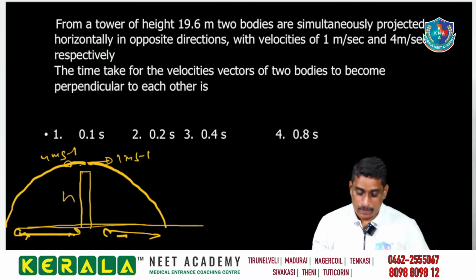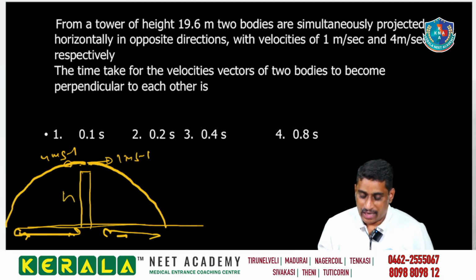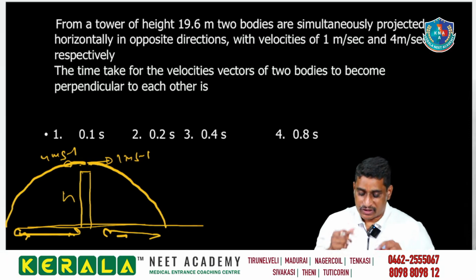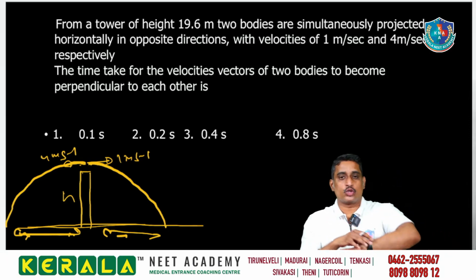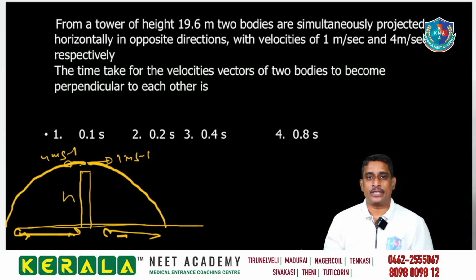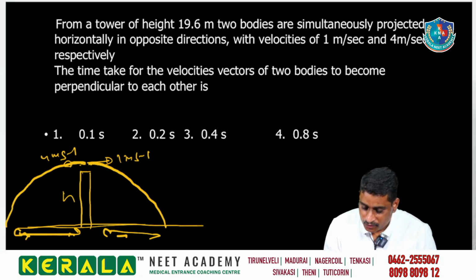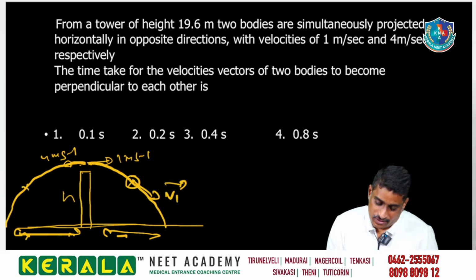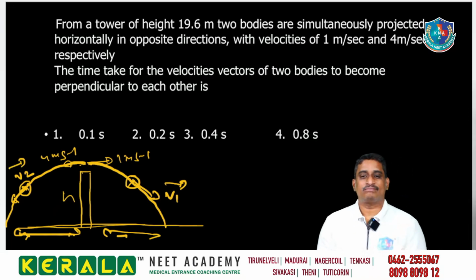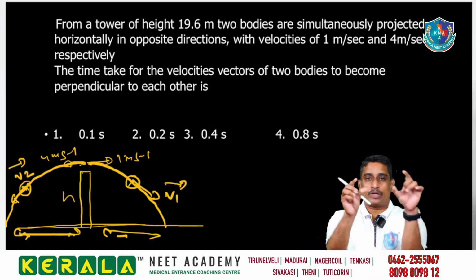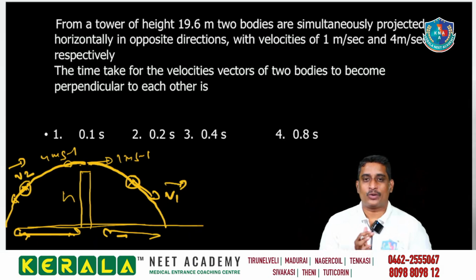So in this case, they are asking us to find out after what time the velocities of the two bodies will become perpendicular to each other. So the velocity of the first body is, say for example, v1 bar. Velocity of the second body will be v2 bar. For these two velocities to become perpendicular, their dot product should be equal to 0.